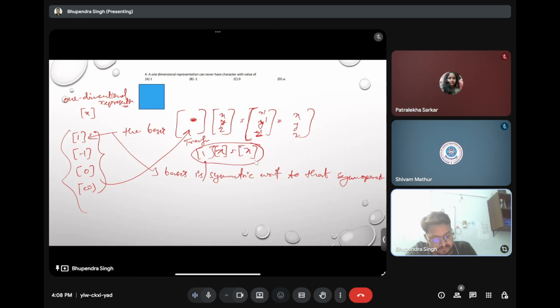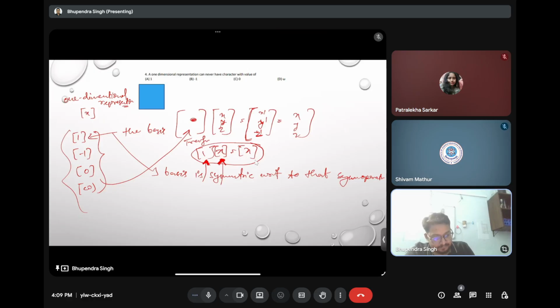Basically, as I told, this is some transformation matrix, or this is your operator, or your operation. So for this the basis is symmetric, meaning these bases are not changing by operating this operation on them.